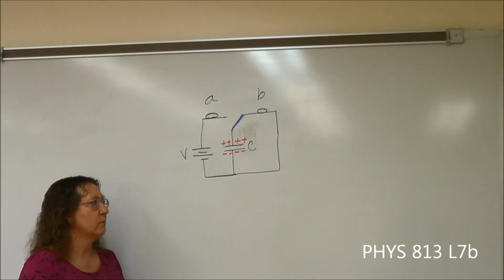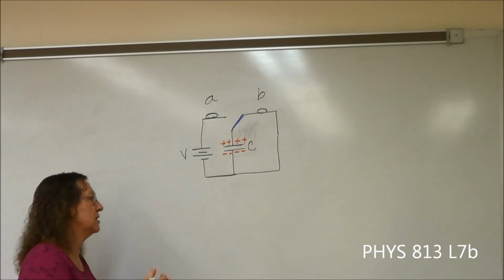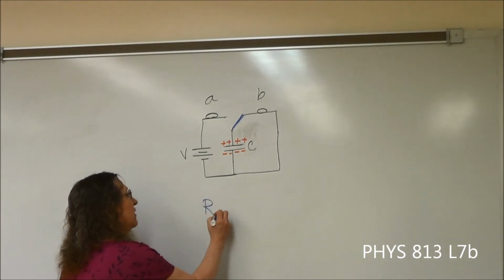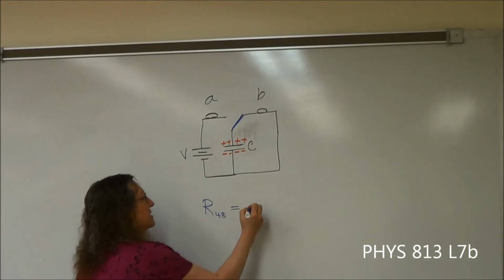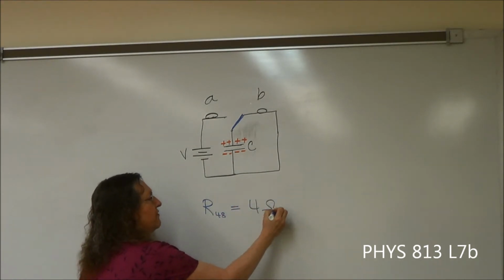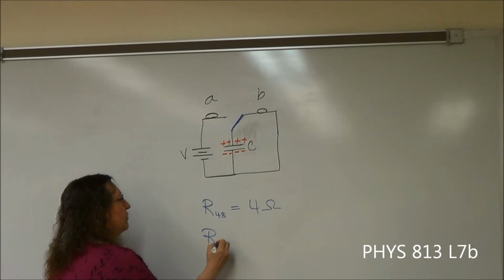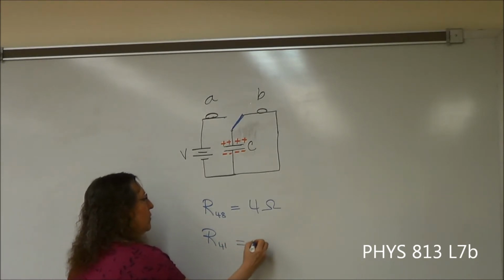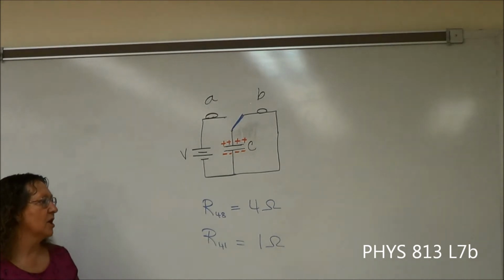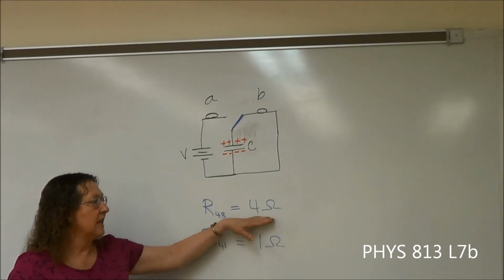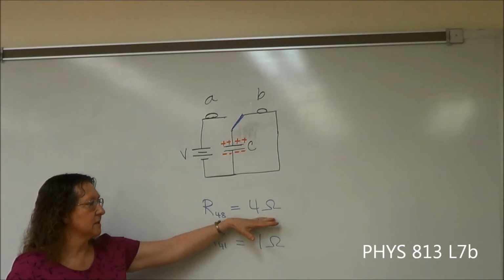You had done the resistance for the 48, the R of the 48, in a previous lesson, and that was about 4 ohms, 4 to 5 ohms. And if you measure the resistance of a 41, you will get about 1 ohm. So the 48 has higher resistance.